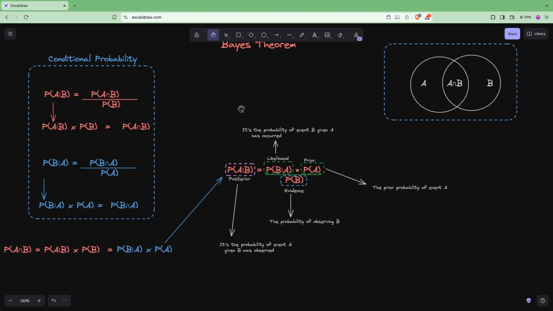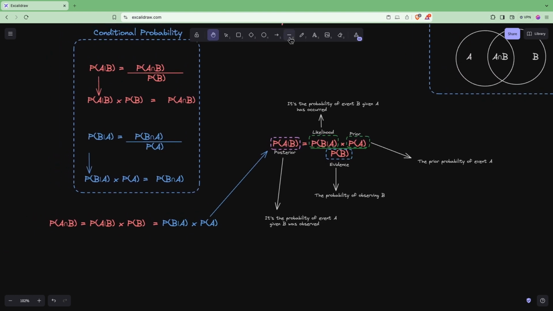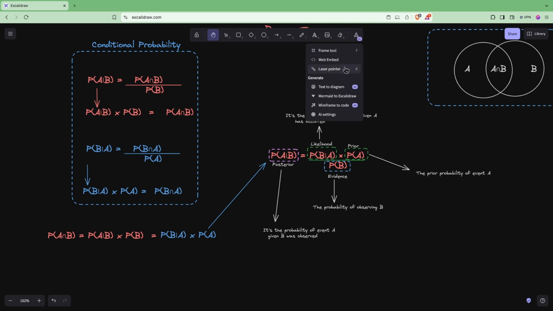Okay, so we did some manipulation. We kept it on the RHS, and we moved this term over here. It was a division, and after the equal sign it became a multiplication.